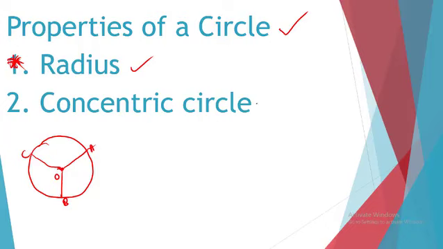Then we have the second property, which we call concentric circle. Concentric circles are circles with the same center. It means I'm having two circles with the same center.